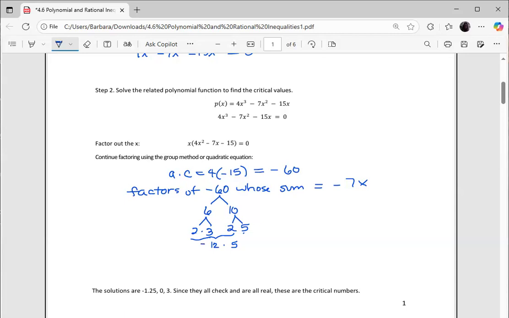So now that we have our factors, we can use the group method, and we have 4x squared minus 12x plus 5x minus 15 equals 0. Combining the first two terms, I'm going to factor out a 4x.